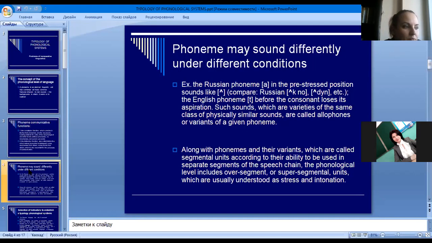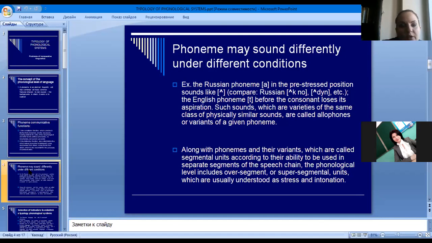So phonemes in morphemes and words are combined into syllables, which can be viewed as a natural unit of speech stream segmentation.